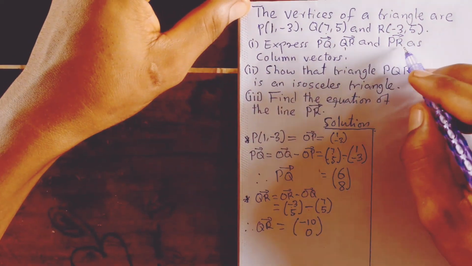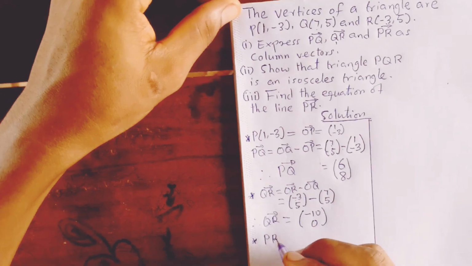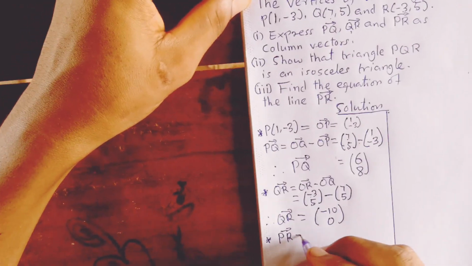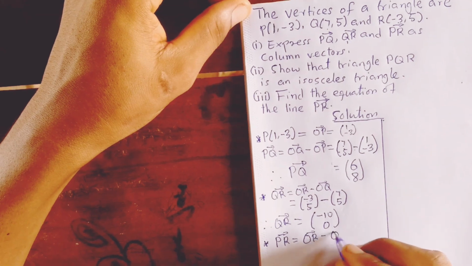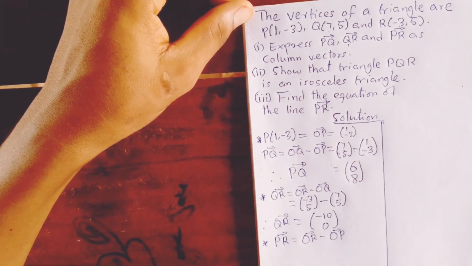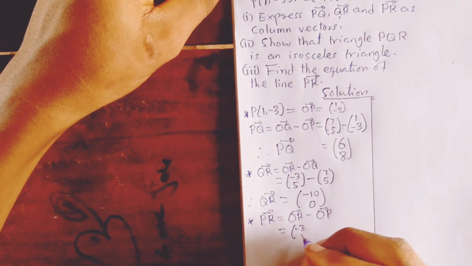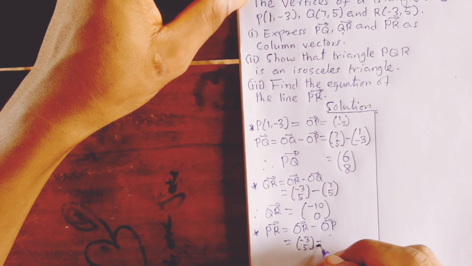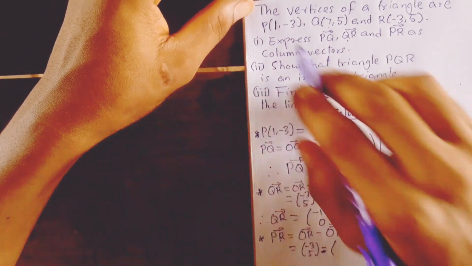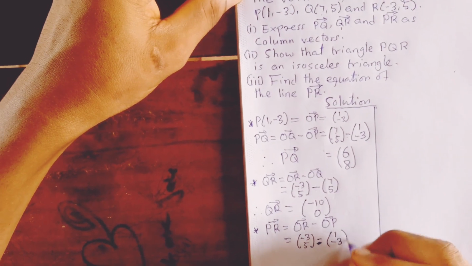Then the last one is PR. Vector PR is equal to OR minus OP. And what is OR? OR is (-3, 5), minus OP, and OP is (1, -3).